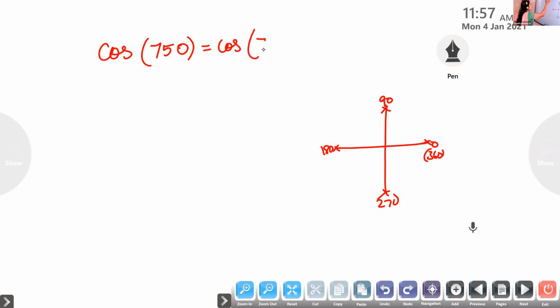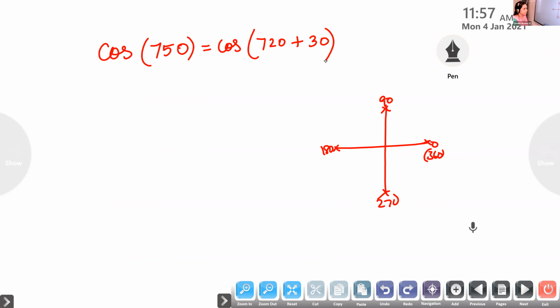Whenever you are given an angle more than 90 and all, try to express it in terms of 0, 90, 180, 270, 360, and so on. So you split it first based on these angles. This 750 is greater than 360, isn't it? So how can we write this? Is it same as 720 plus 30?